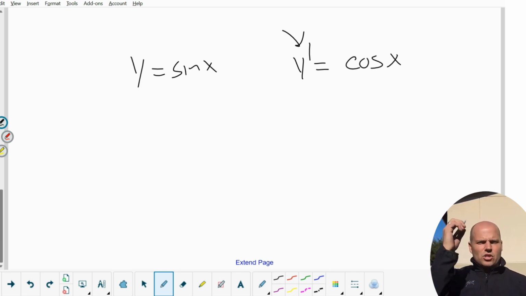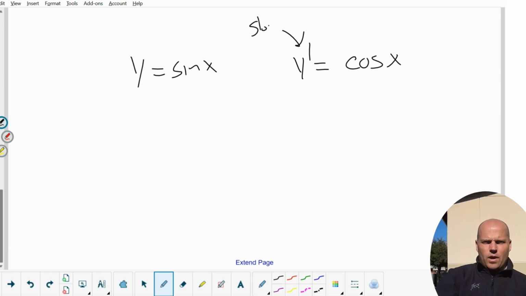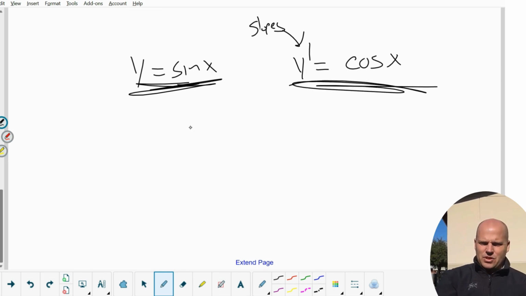This is y's slopes. You don't say it's y1, you say it's y prime. And y prime is the slopes of y at an x value. Okay? So remember, you plug in x's to get y's into this, and you plug in x's to get m's.